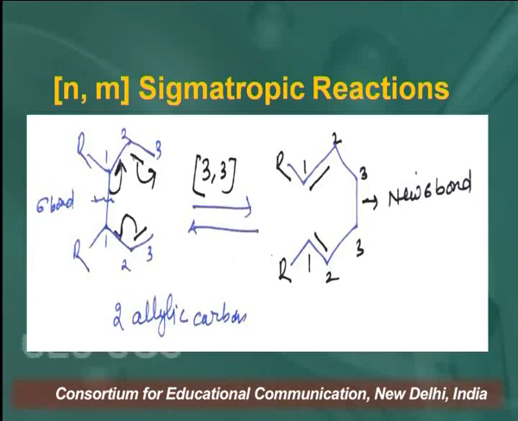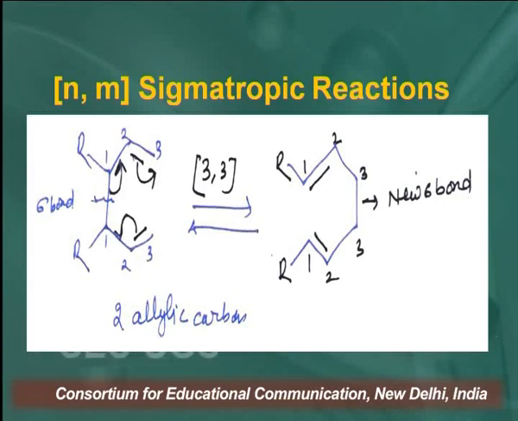Another important reaction type is the 2,3 type, where the migration of an allylic carbon takes place and we get a new bond. Always remember, learners, in this type of reaction the group migrates from the migration origin to the migration terminus.